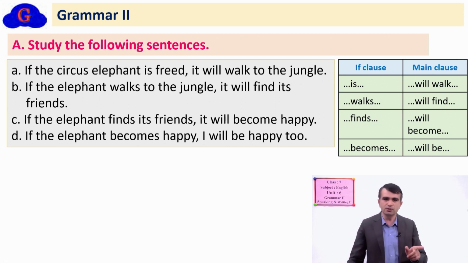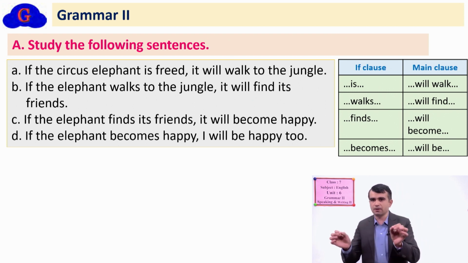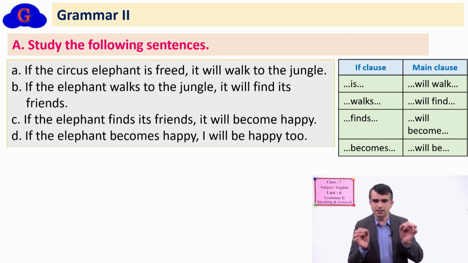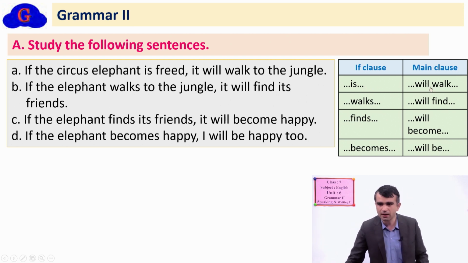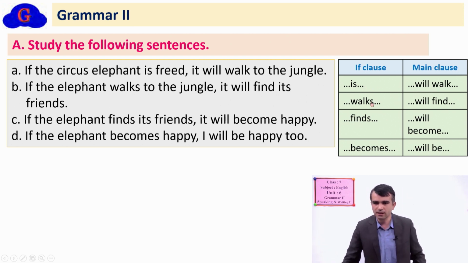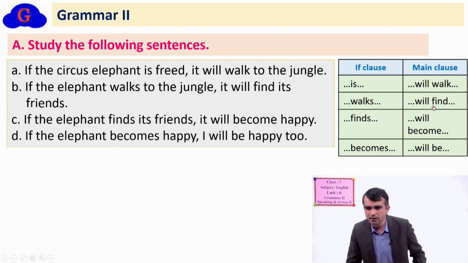The main part may also come before the if part sometimes. Remember that the part where there is if, the condition, is called the if part or if clause. In the first sentence, is freed is in the if part, and the main part is will walk. Second, in the if part walks is there, and the main part is will find.